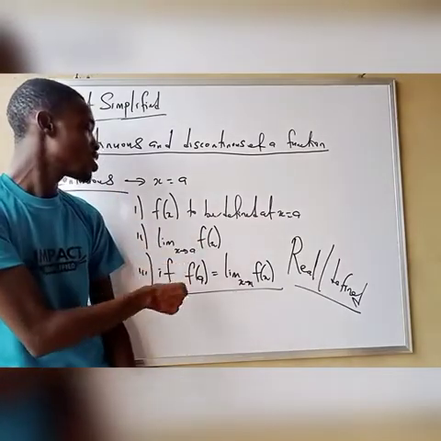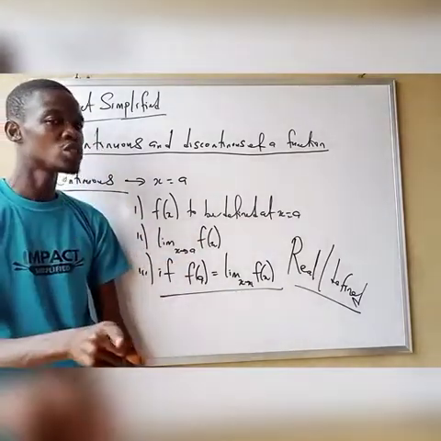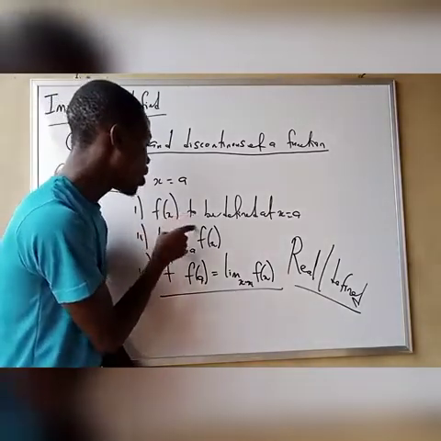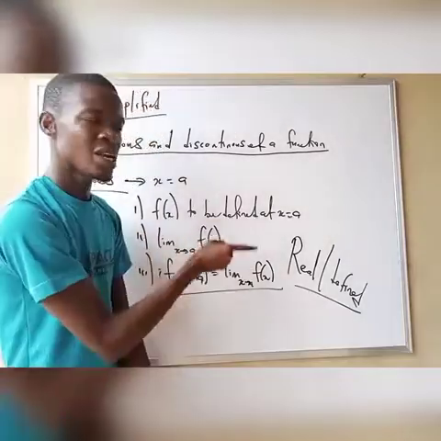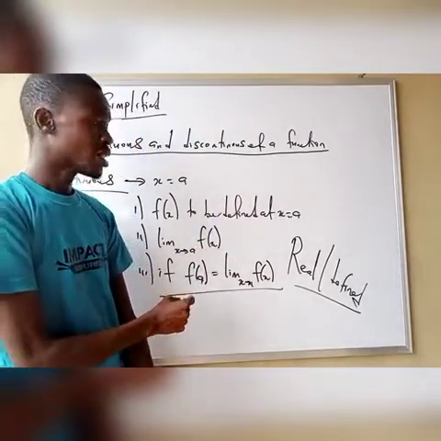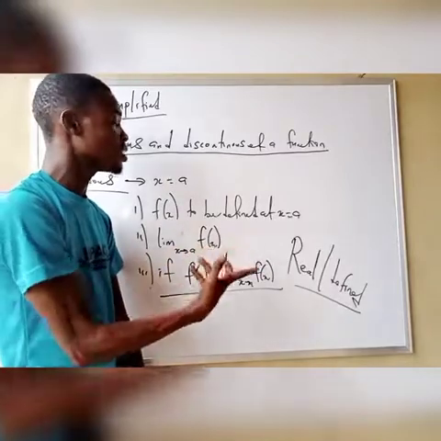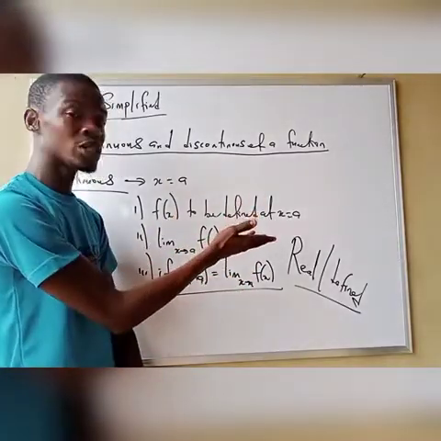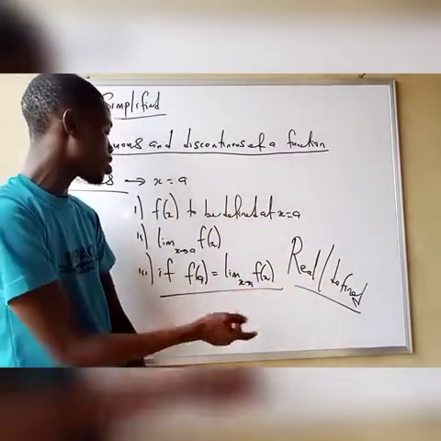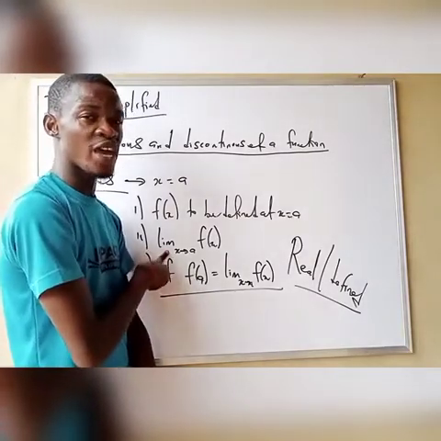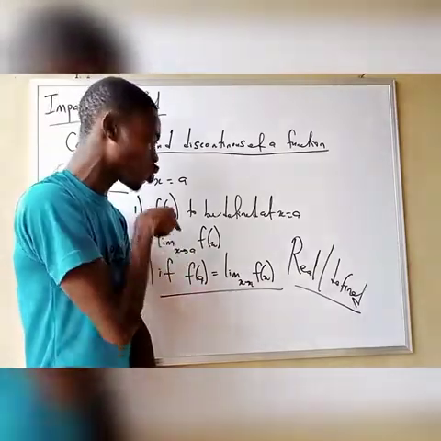So when we are talking of continuous and discontinuous, we said a function is continuous at x is equal to a if it follows some conditions. And what are the conditions? Your f of x must be defined at x is equal to a. That means we are going to substitute our x as a, and if it is defined, that means f of x is defined at x is equal to a. And also we are going to find the limit of f of x as x tends to a.